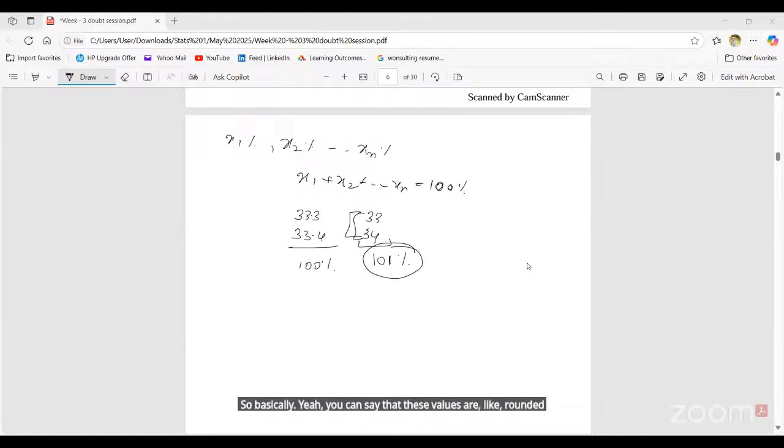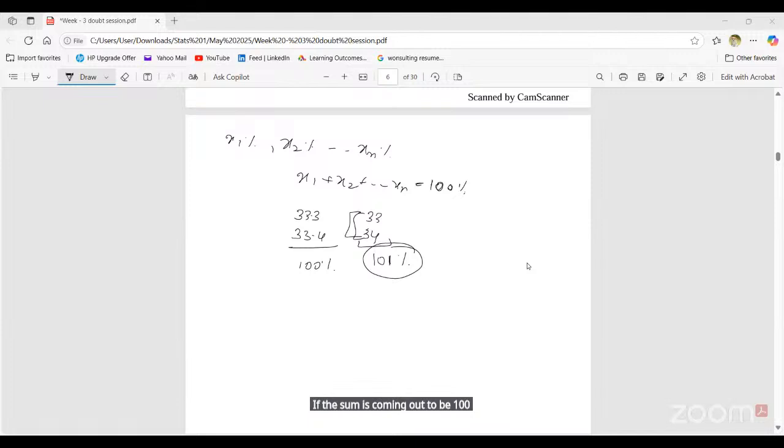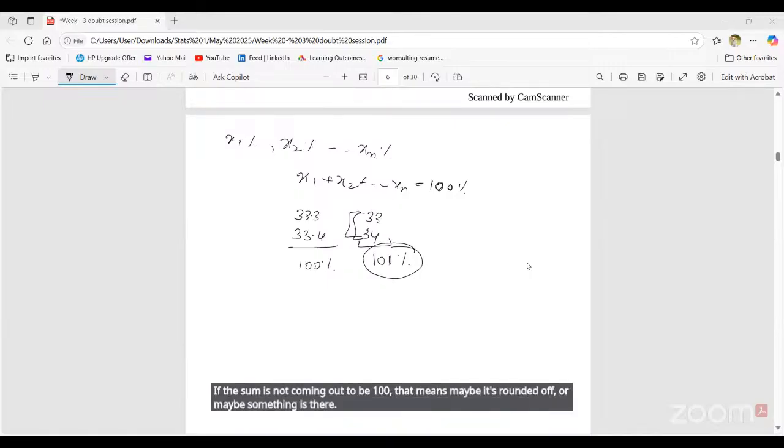If you want to know whether it's rounded off or not, just sum it up. If the sum comes out to be 100, it's fine. If it doesn't, that means maybe it's rounded off, or maybe something else is going on.